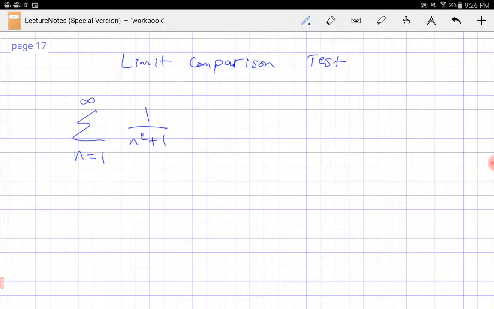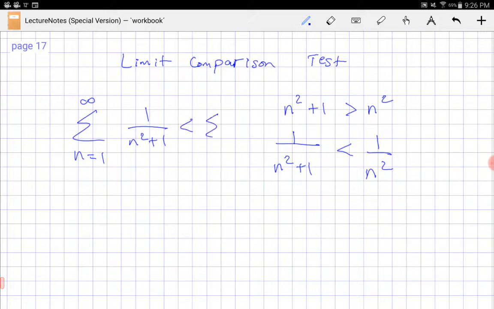This one should be fairly obvious. We know that n squared plus 1 is most definitely greater than n squared, which means 1 over n squared plus 1 is less than 1 over n squared, which means this is less than the sum from n equals 1 to infinity of 1 over n squared.